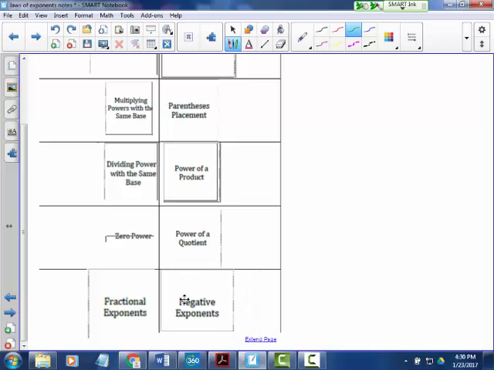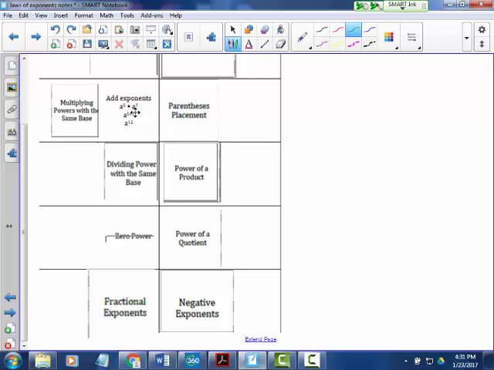What we're going to look at today is multiplying powers with the same base and dividing powers with the same base. When you multiply the same bases, so a and a are our bases, you add their exponents.